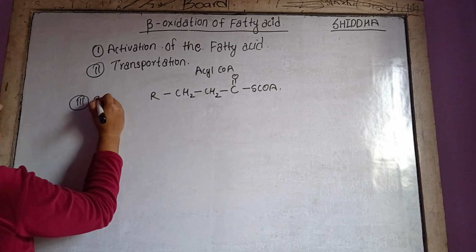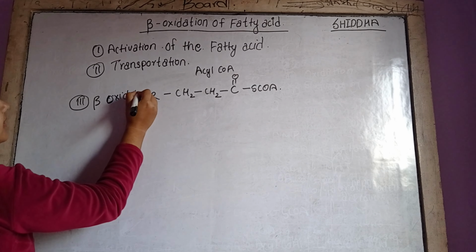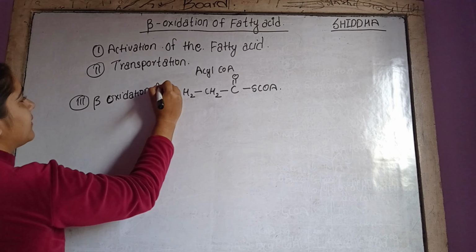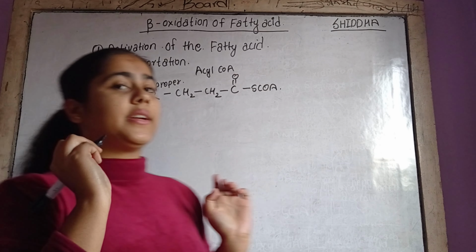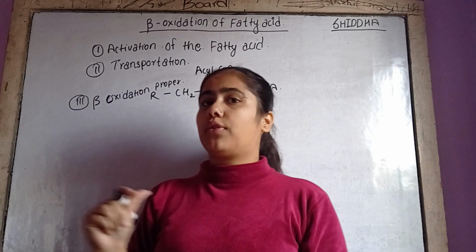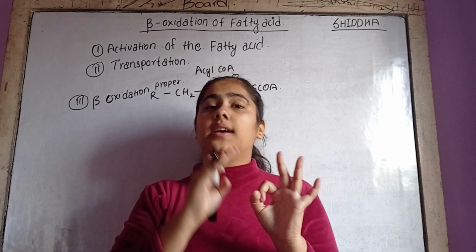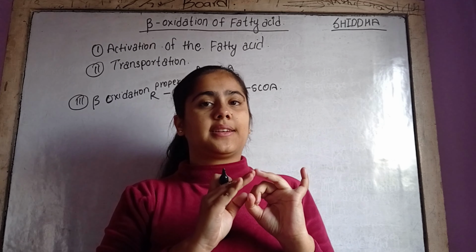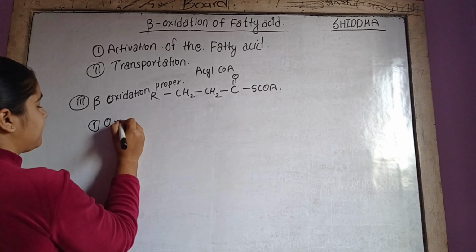Third step is beta-oxidation proper. I have already told that it comprises of 4 steps, which are oxidation, hydrolysis, again oxidation, and cleavage. So let us go first to oxidation.